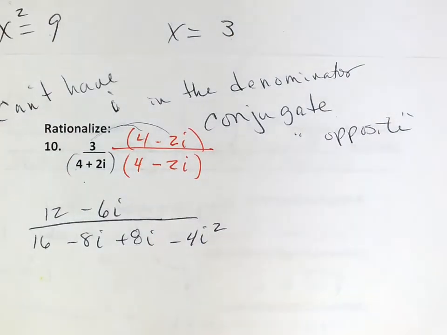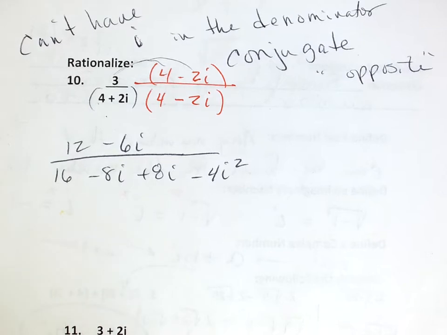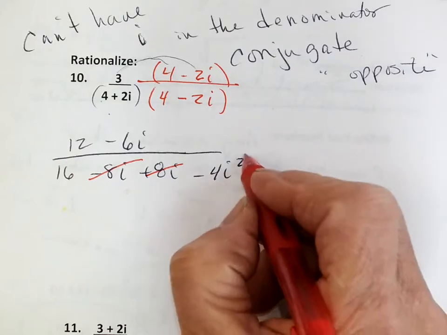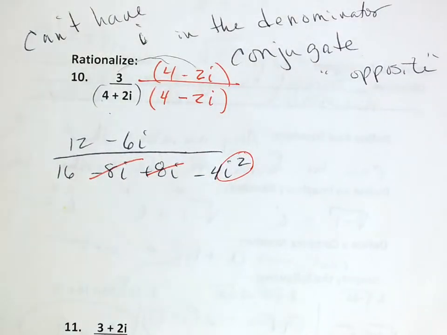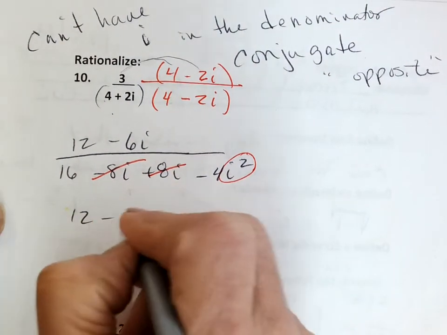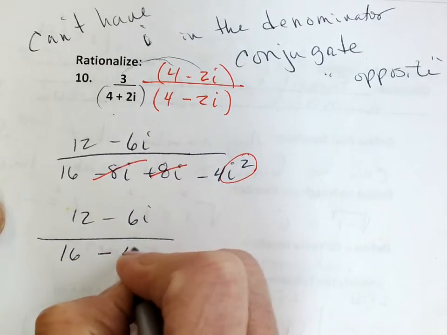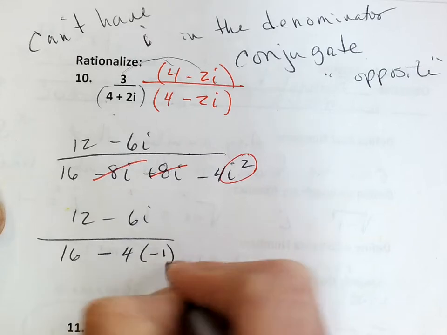Okay? All right, before I go on, do you see how the i's are just going to disappear in the bottom? Because these two cancel. That will always happen with the conjugate, and this becomes a negative 1, doesn't it? So I'm going to have 12 minus 6i over 16 minus 4 times a negative 1.